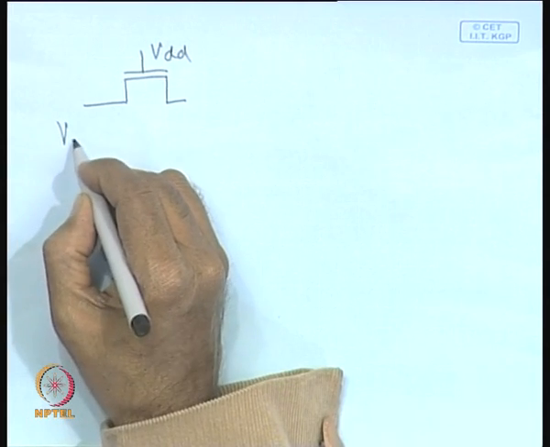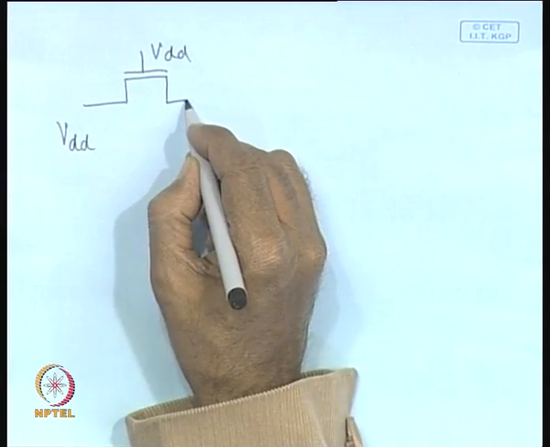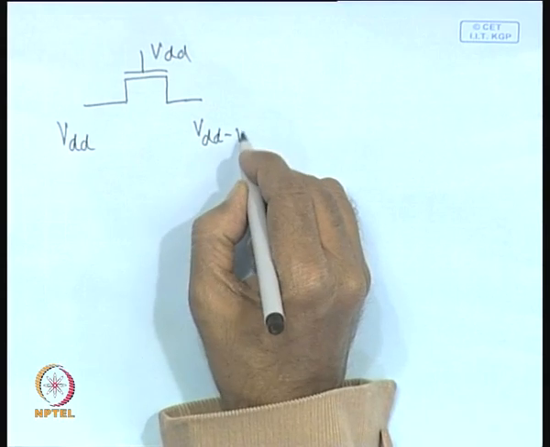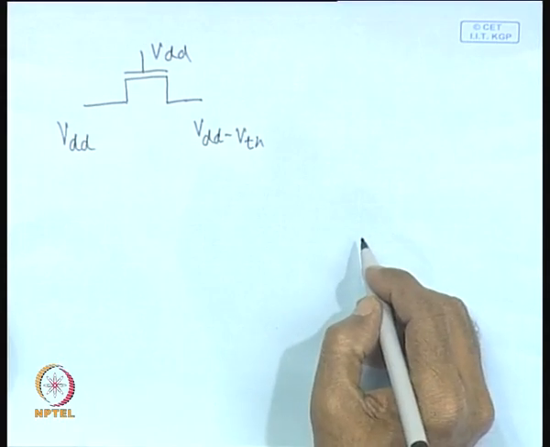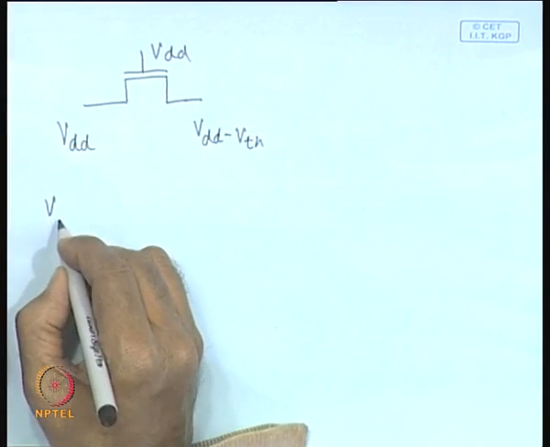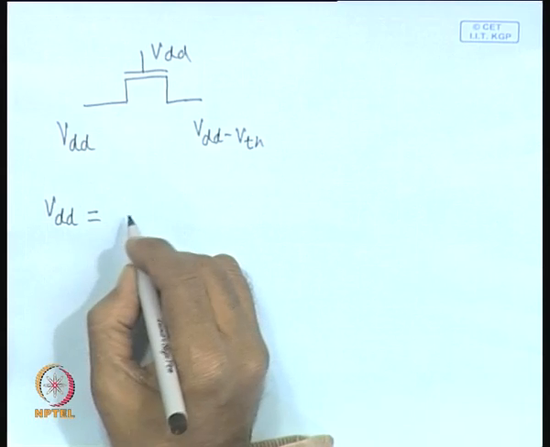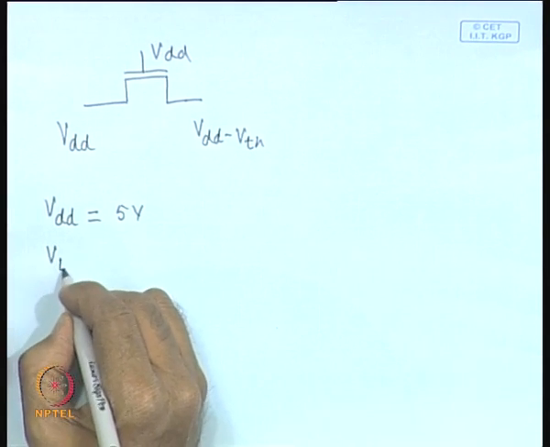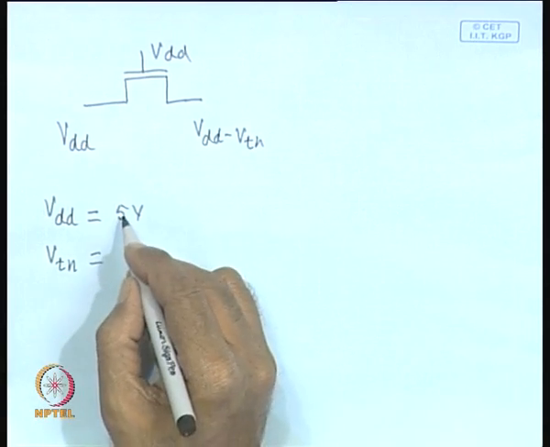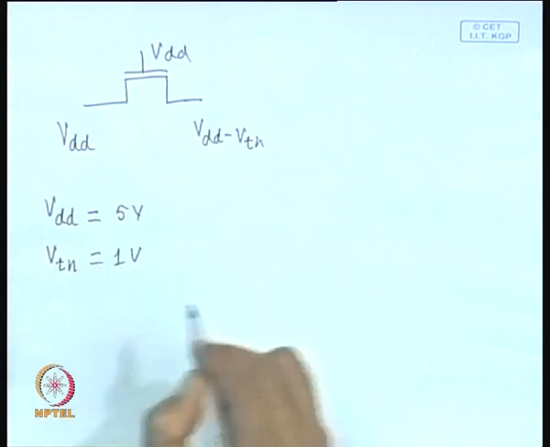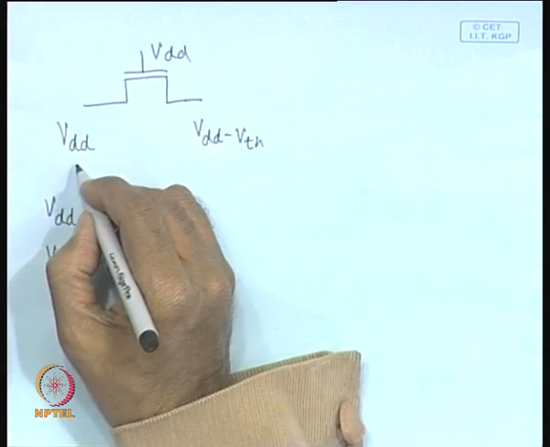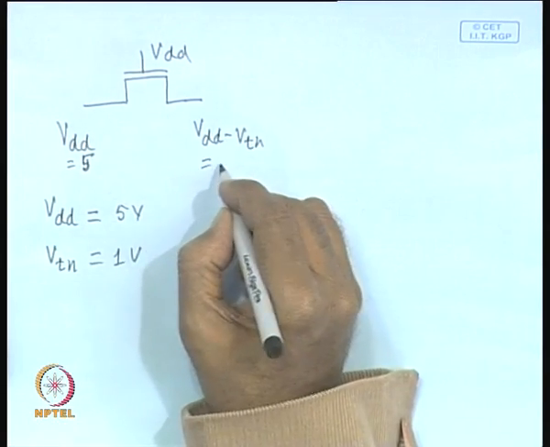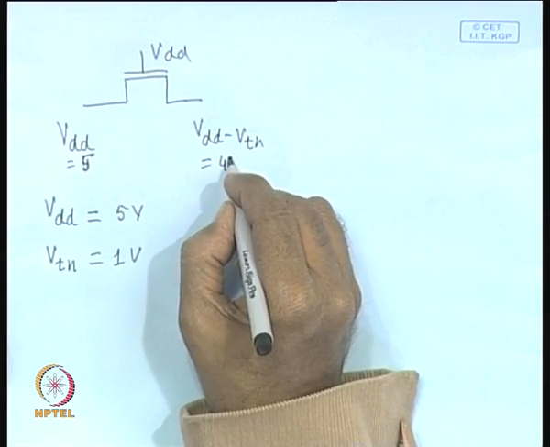So, if we apply VDD here, the maximum voltage that you can get here is VDD minus VTN. Suppose VDD is equal to 5 volt and VTN is equal to say 0.2 VDD, let us assume it is 1 volt. Then what will happen, if this is equal to 5 volt, here you will get 4 volt.